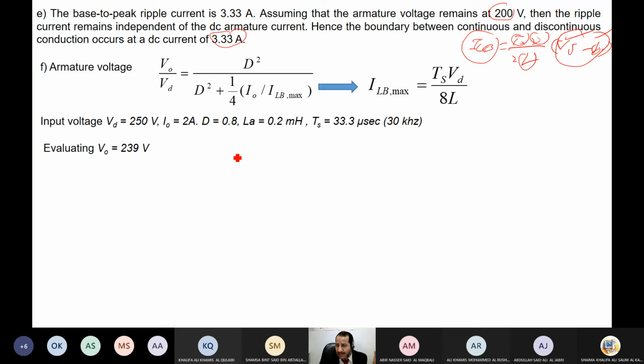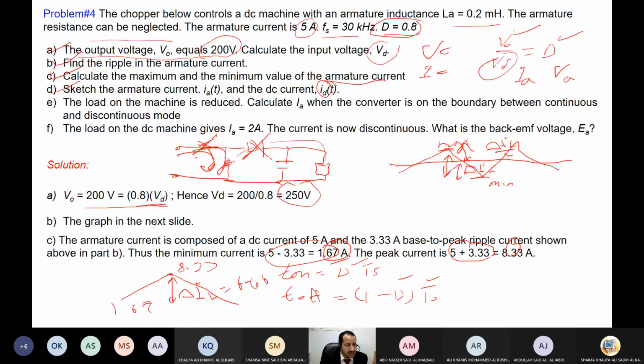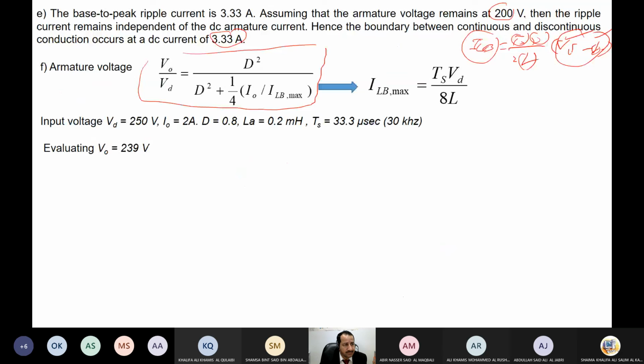For the back EMF, I have a formula for the voltage in case of discontinuous conduction. He told me that the situation becomes discontinuous, and he gave me I armature, which is the output current. Now VD, I have it. I output, which is armature current, I have it. Inductance, he gave it to me.